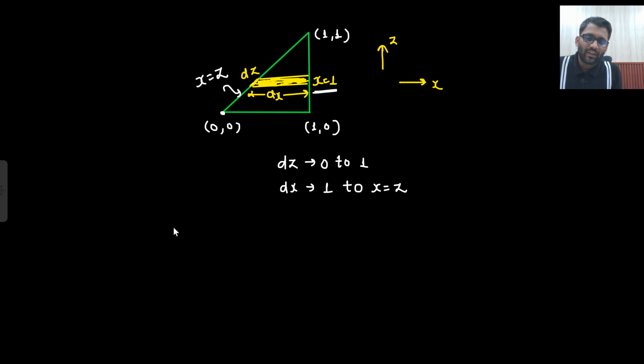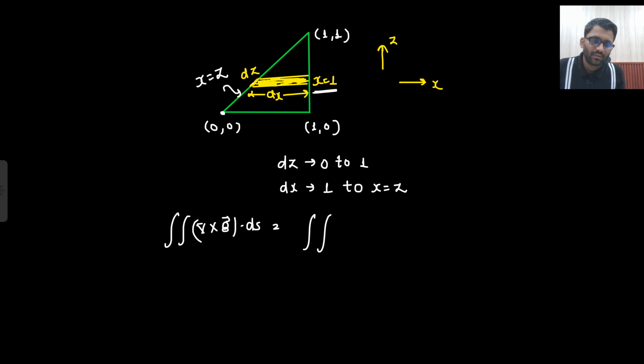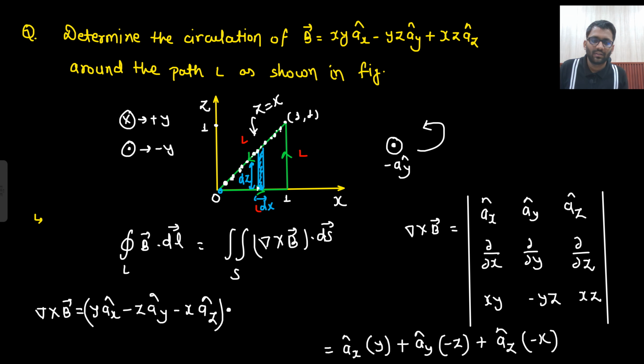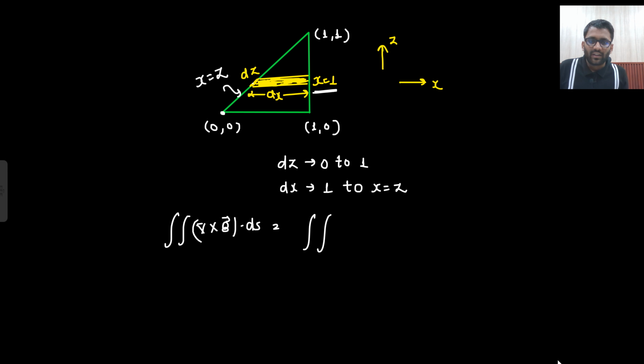Okay, so if I write down now what I was calculating, del cross B dot ds. What was my del cross B? z into dz. Till this point everything will be the same, just the limits of these values will come.